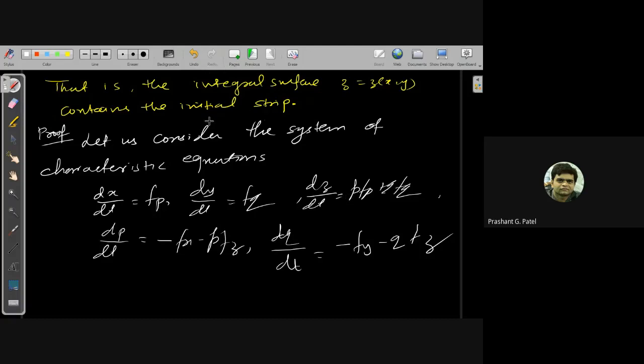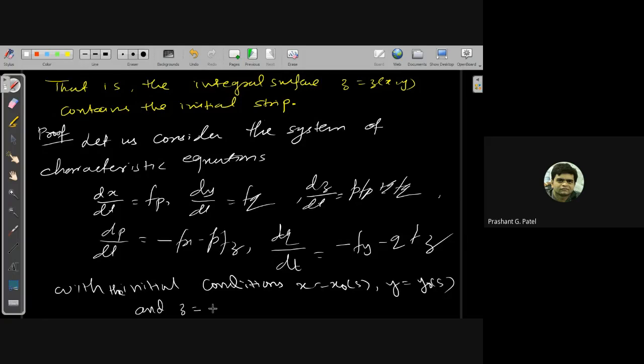With the initial condition, or I can say with the initial curve, that is x equal to x0(s), y equal to y0(s), and z equal to z0(s), p equal to p0(s) and q equal to q0(s) at t equal to 0. So at t equal to 0, all this initial strip we get.